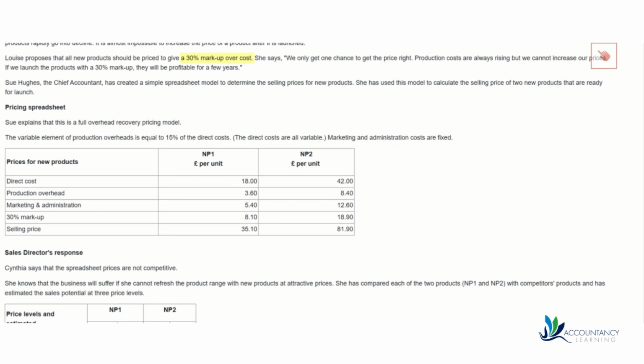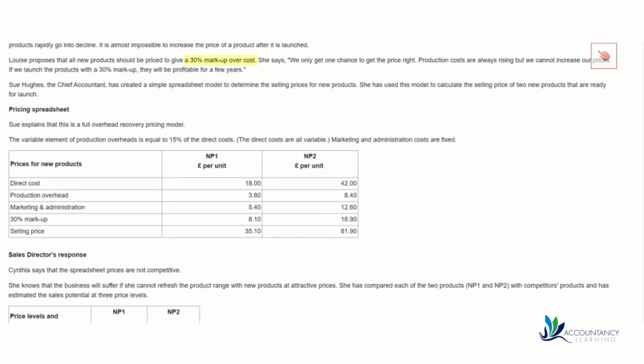So we've got a pricing spreadsheet here. So Sue explains that this is a full overhead recovery pricing model. The variable element of production overheads is equal to 15% of the direct costs.